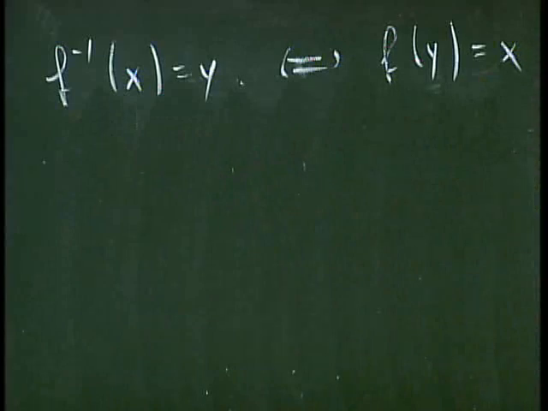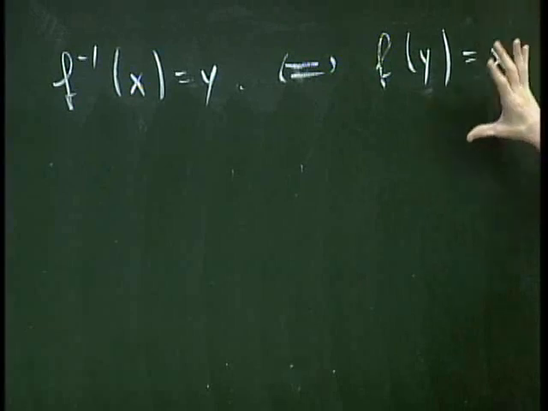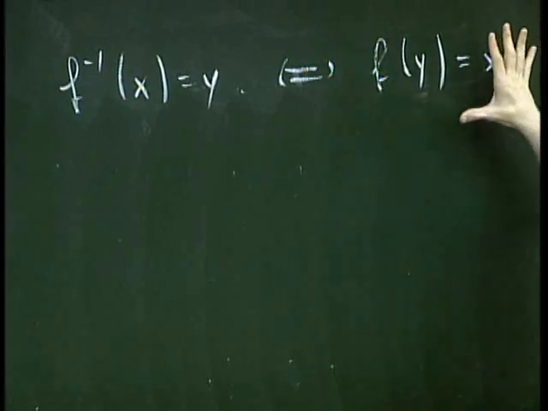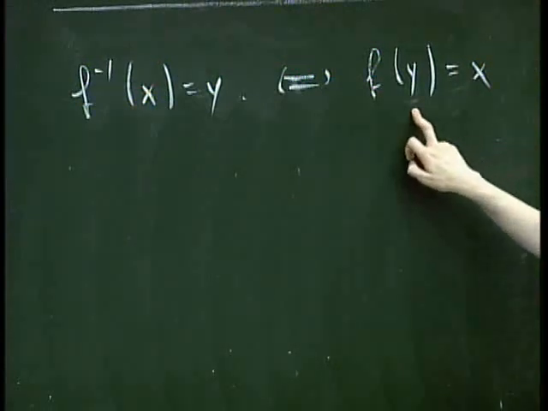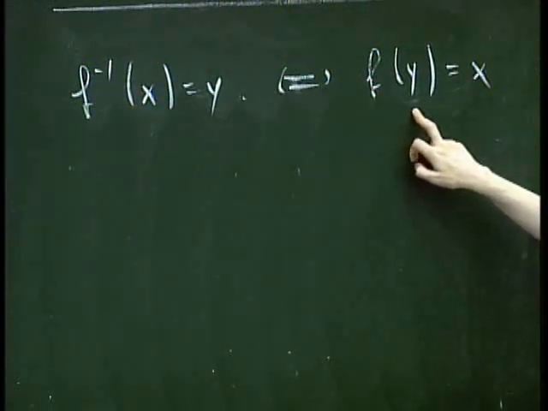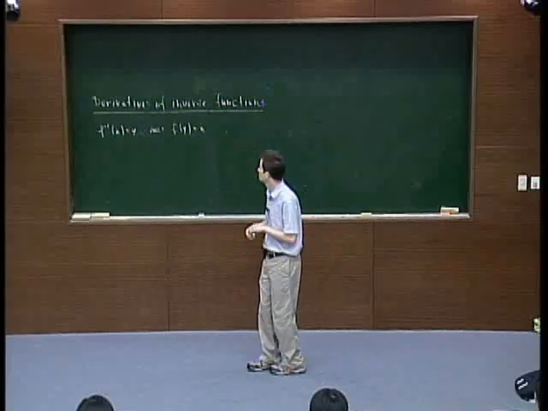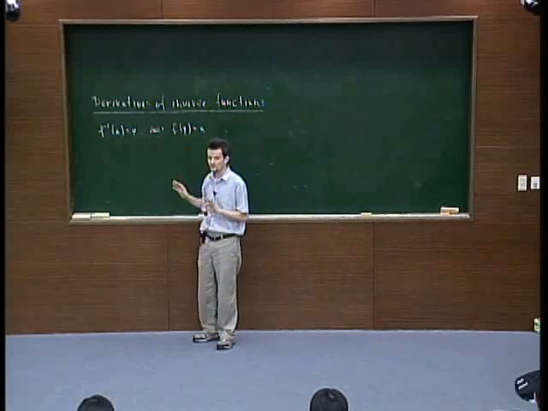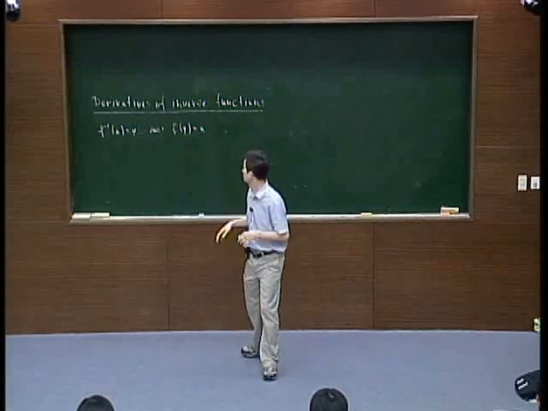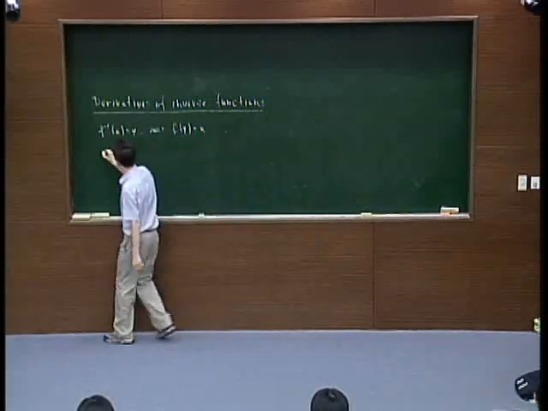Since the function has an inverse function, we know that the equation can be solved for y. This is not a problem here, but in order to apply the method of implicit differentiation, we still have to figure out: is the solution of this equation differentiable? Now, there is a theorem which I state without proof.